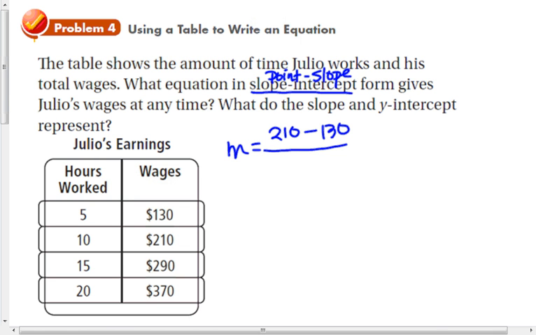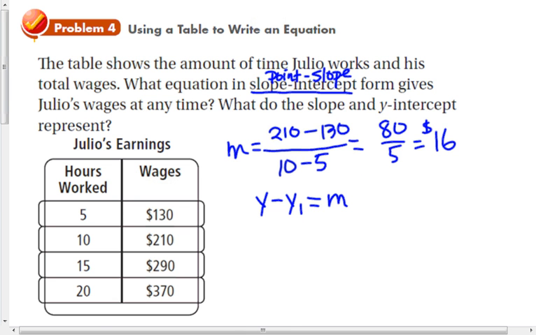And then subtract the hours worked to get the run there. And so that's 80 divided by 5, which is 16. In other words, he makes $16 per hour. And now we're going to use this formula, y minus y1 is equal to the slope times x minus x1, to come up with an equation.